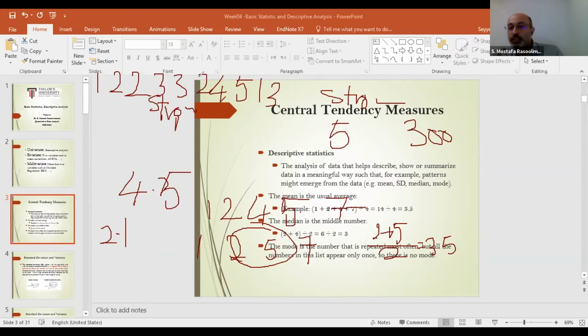Is 2, right? Because 2 is repeated 3 times, and also 3 is repeated 3 times. So we have 2 modes for this data set, 2 numbers with the same repeated count. So the mode for this one is 2 and 3.